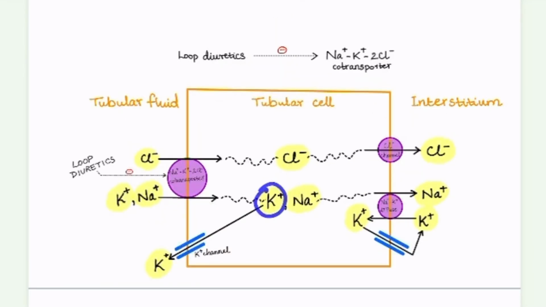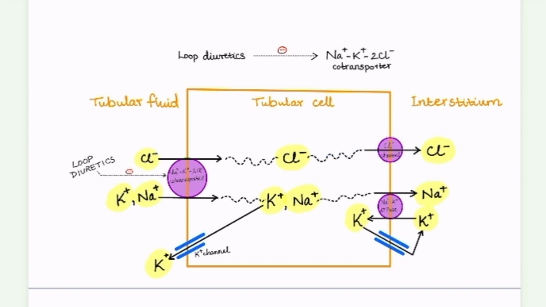Potassium ion will be pumped back into the tubular fluid with the help of potassium channel. Sodium ions will be pumped into the interstitium with the help of sodium-potassium ATPase, and the potassium ions which were pumped into the tubular cell will leave the cell with the help of potassium channel. Chloride ions will be pumped out into the interstitium with the help of chloride channel.